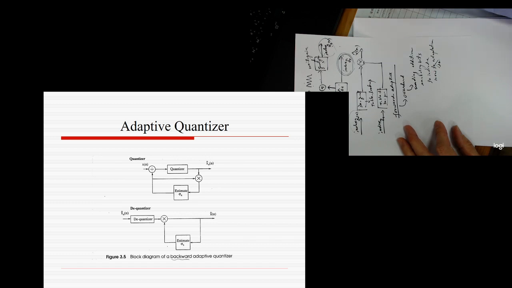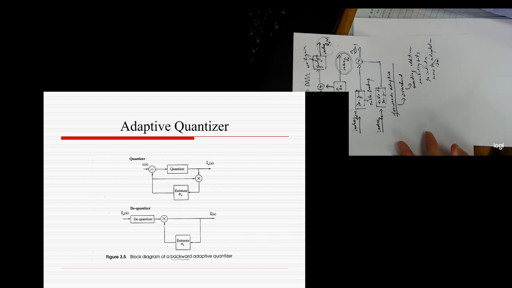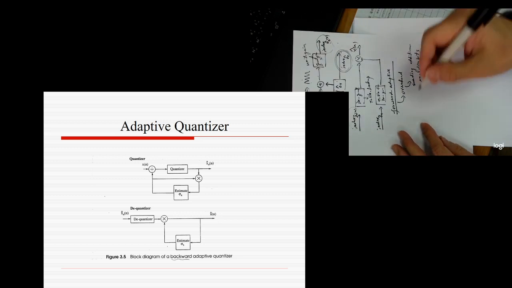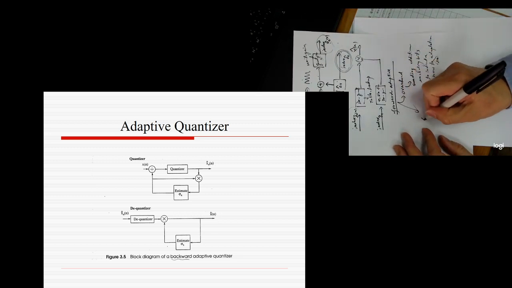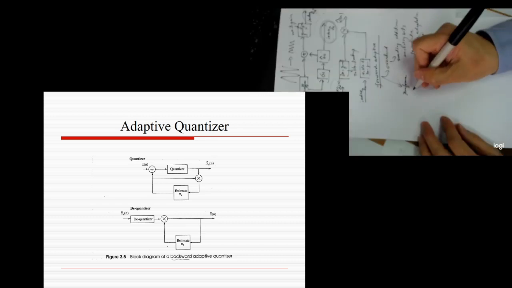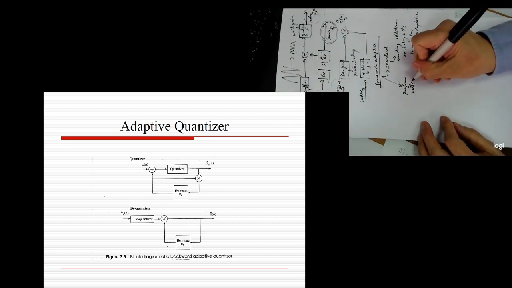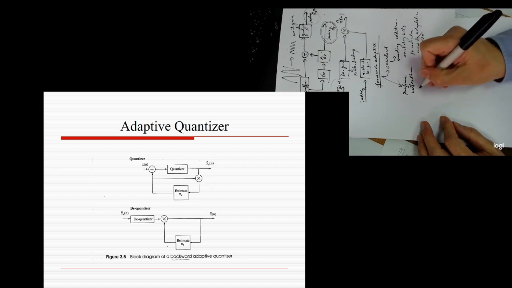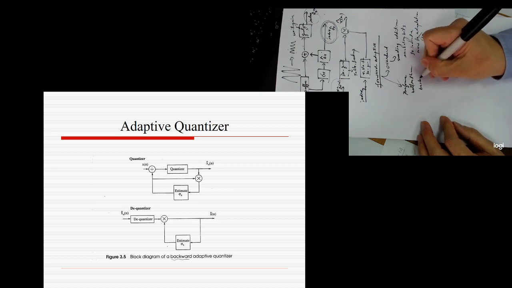So backward adaptive, there's no overhead, but the performance is better for forward adaptive.